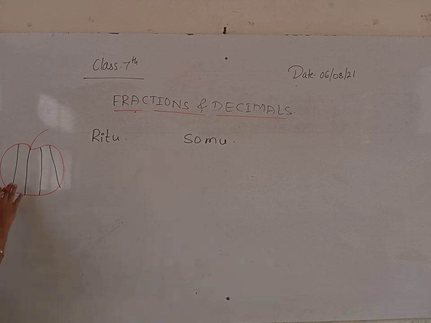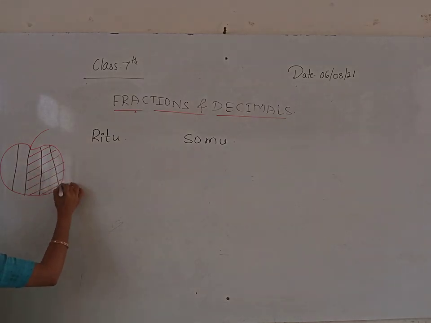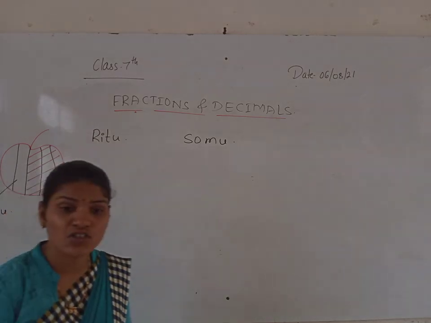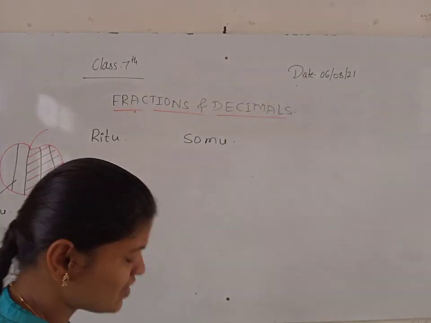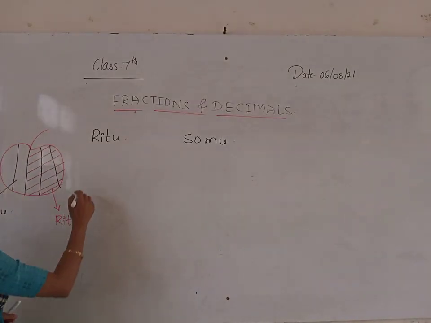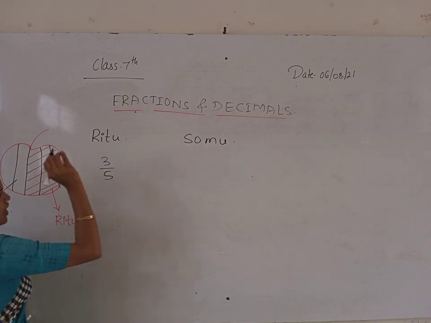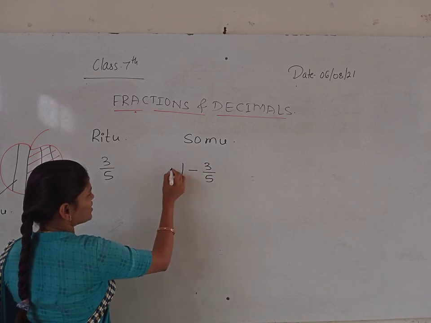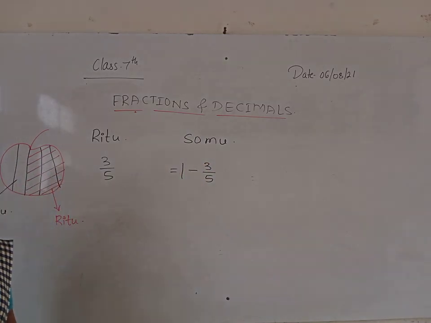Out of 5 equal parts, 3/5 means 3 parts are eaten by Ritu, and the remaining is Somu's share. In a whole apple, if you remove 3/5, it is the share of Somu. Yes or no?